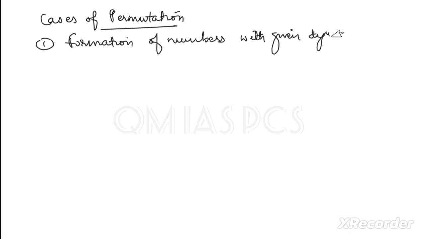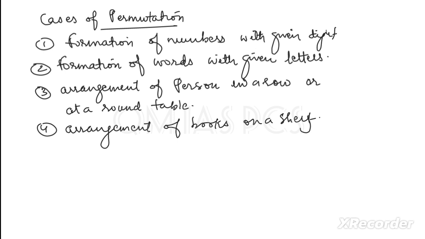Second thing is formation of words with given letters. Third one is arrangement of persons in a row or at a round table. And fourth one is arrangement of books on a bookshelf. You can note it down, it will be important for you.